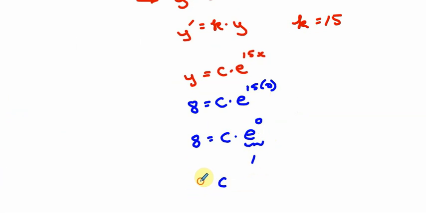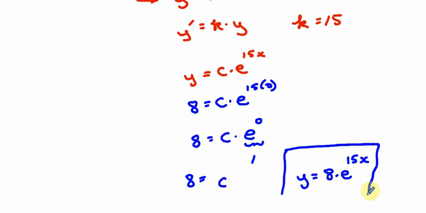So c equals 8. So what is my final answer when I put it all together? y equals 8 times e to the 15x. And that is my solution to this differential equation.